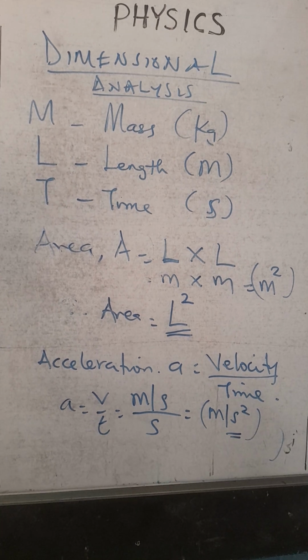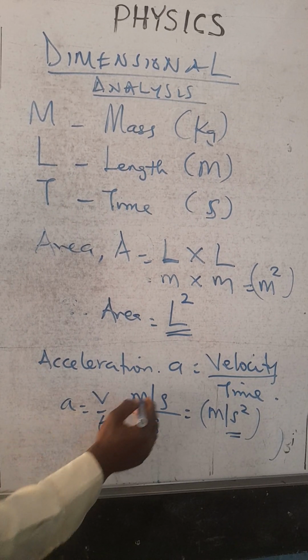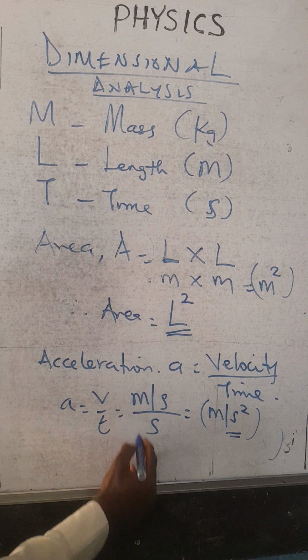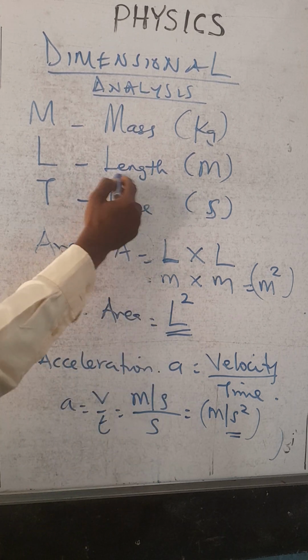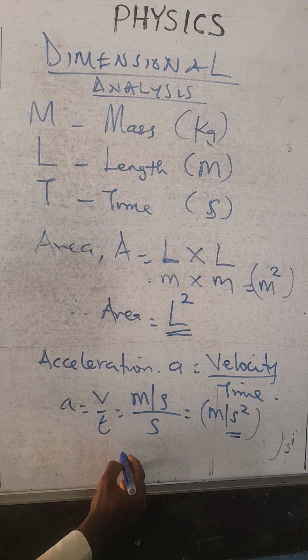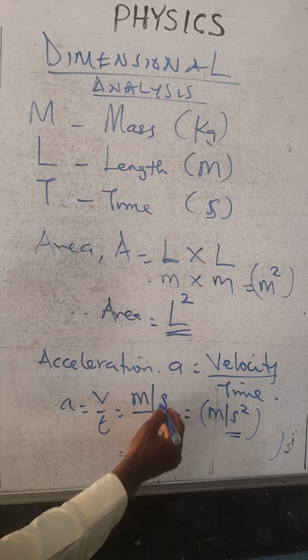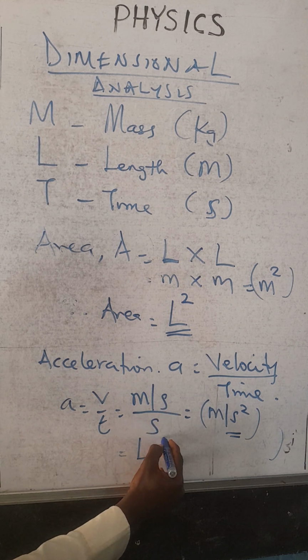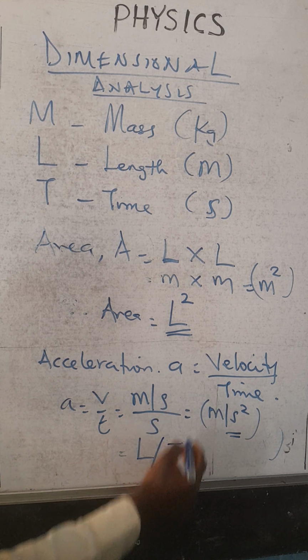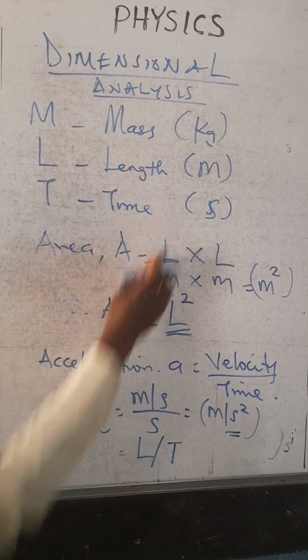And so to get the dimension of acceleration, we say that m, meter, which represents length, therefore becomes L. Then seconds is here and seconds is here, and we have T, which represents the time in seconds.